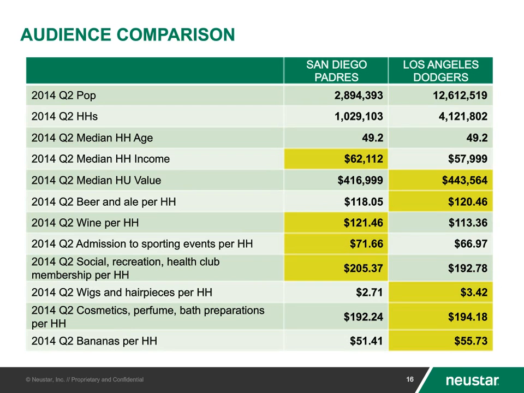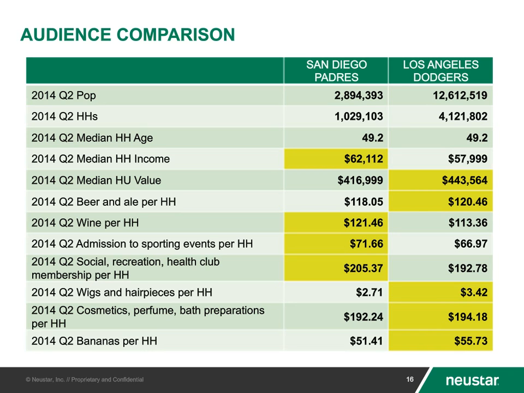And in this case, you know, some basic differences in terms of the sizes of the markets, income, home values, and then some interesting attributes like beer consumption, wine consumption, how much people are spending on sporting events, and, just for fun, a few things like hairpieces, cosmetics, perfume, and bananas.